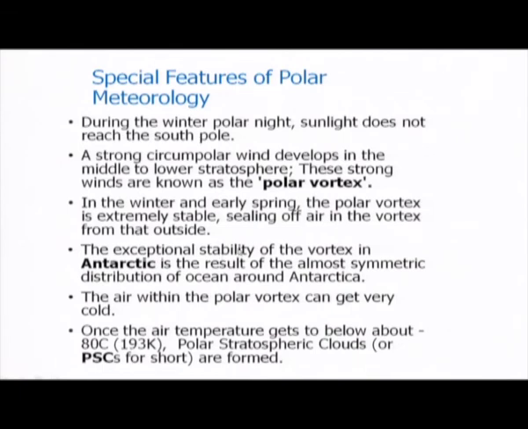This exceptional stability of the vortex in the Antarctic region is a result of the almost symmetric distribution of ocean around the Antarctic region. And the air within the polar vortex can get very cold, and that almost freezes out all the chemical species in the polar region into a cloud.